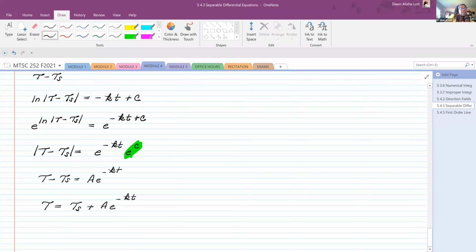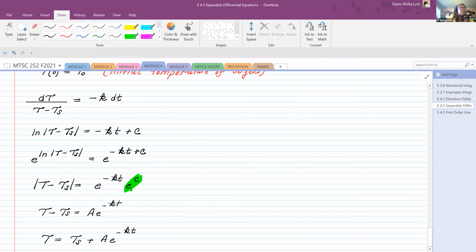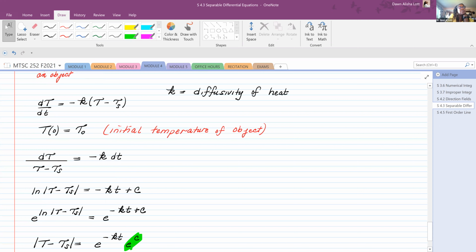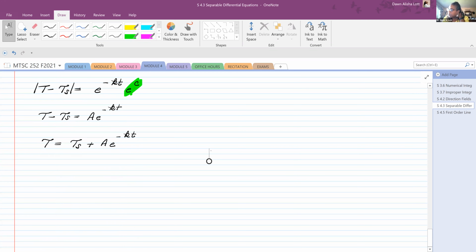Now here's the thing. I gave you an initial condition: when little t is 0, capital T is the initial temperature of the object. So T naught is equal to TS plus, putting in 0, A. So A is T naught minus TS.